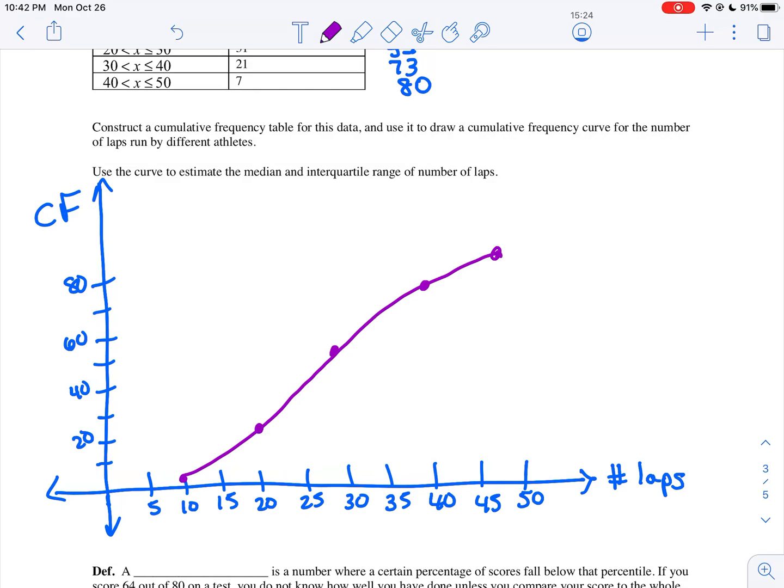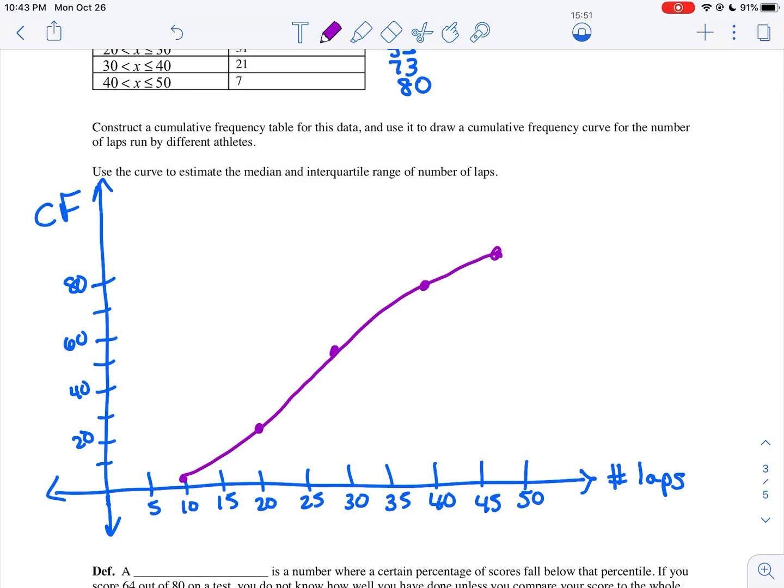what's happening here, okay? So it says, use the curve to estimate the median and interquartile range of number of laps. Okay, well, let's take a look at this. It says you're going to plot the cumulative frequency against the end point of the data class.